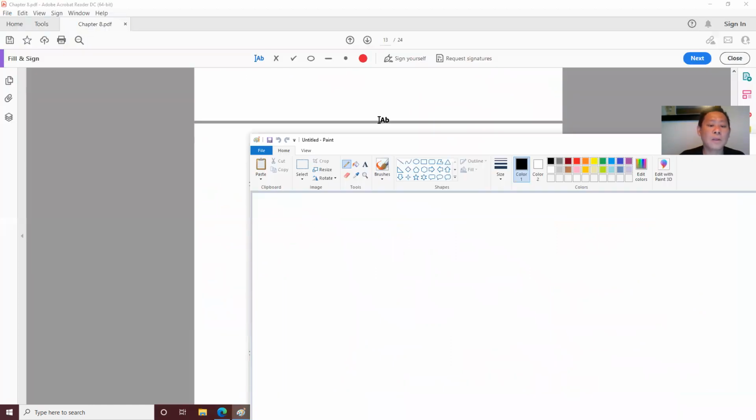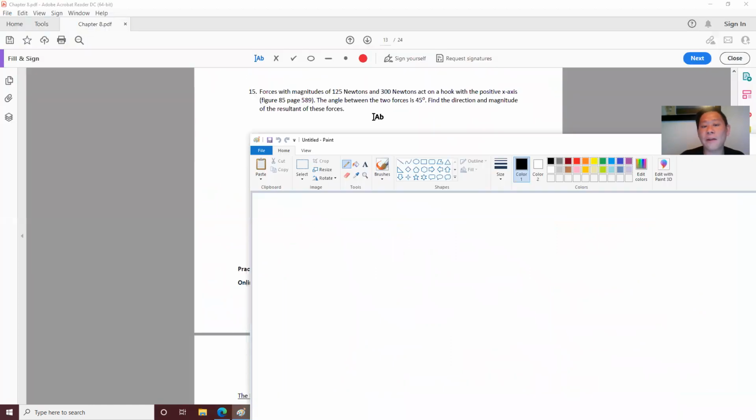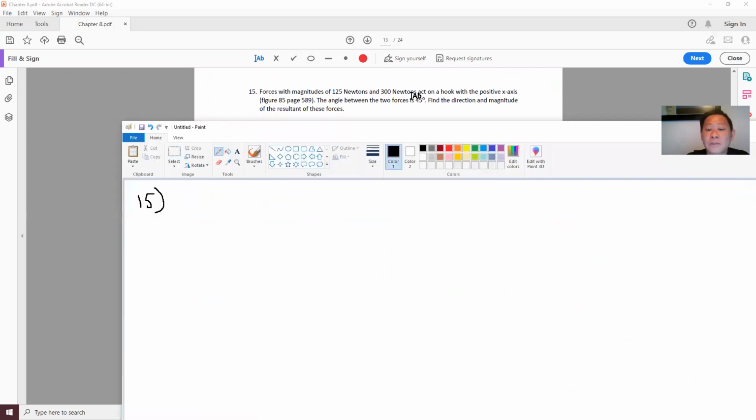Okay. So this is the type of questions you get, the word problems here. Forces with magnitudes of 125 newtons and 300 newtons act on a hook, so on the x positive. The angle between the two forces is 45 degrees.